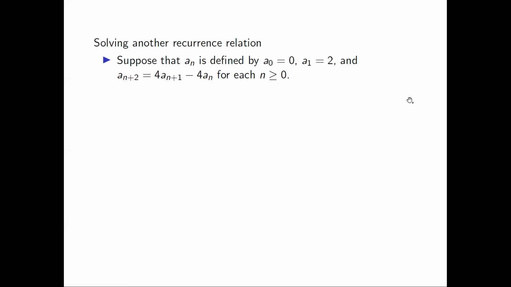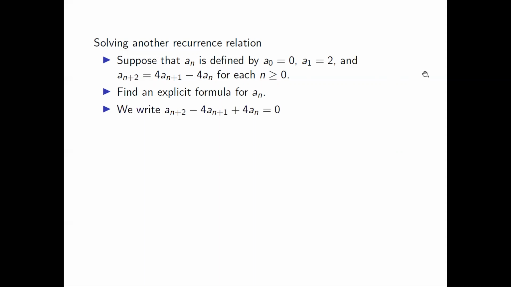So if we want to apply the method to find an explicit formula for this recurrence relation, we will first subtract the right side from both sides. That gives us a sub n plus 2 minus 4 a sub n plus 1 plus 4 a sub n equals 0. And we can convert this to a polynomial.